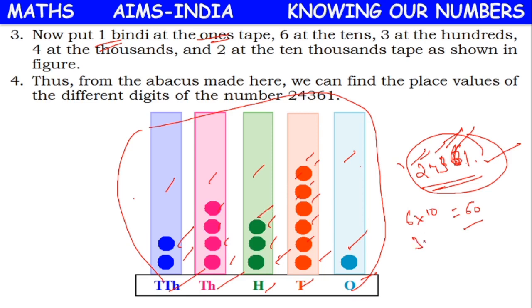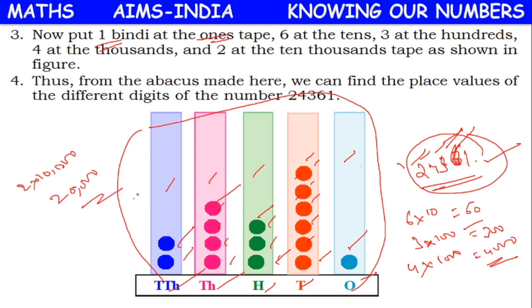Place value of 3 is 3 into, it is in hundreds place, so 3 into 100, 300. Place value of 4 is, it is in thousand place, so 4 into 1000, 4000. Place value of 2 is, it is in 10,000 place, 2 into 10,000, 20,000.